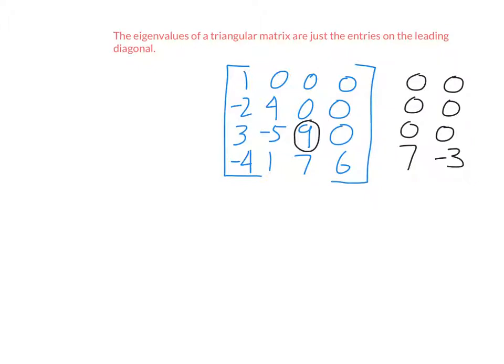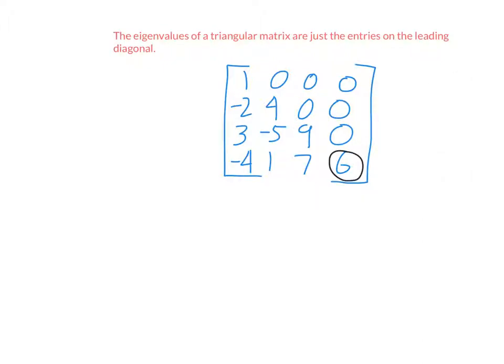So again, linearly dependent column or row means the determinant of the matrix will be 0. And finally, the 4, 4 element. So if I subtract 6 from each element on the leading diagonal, then I will have a column of all zeros.